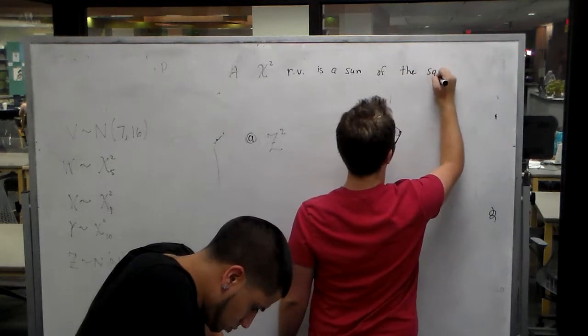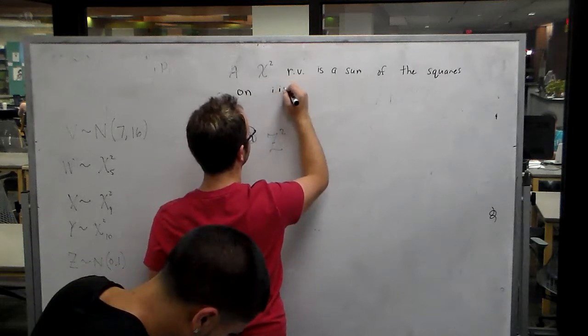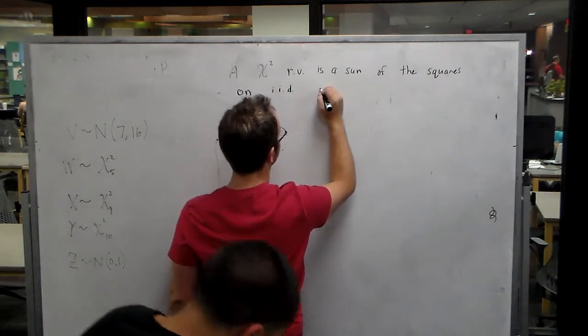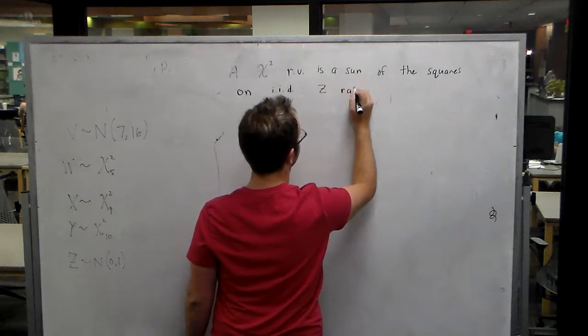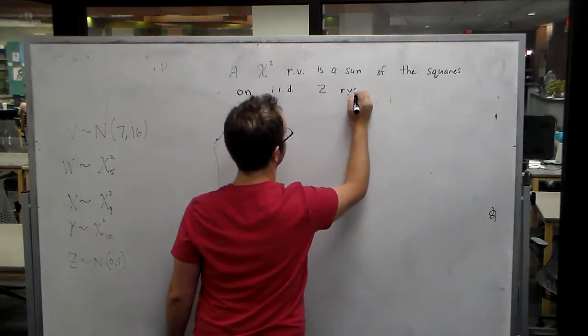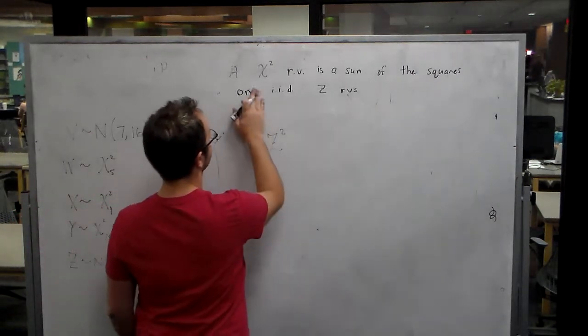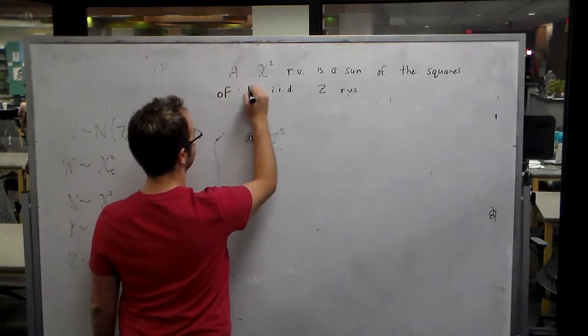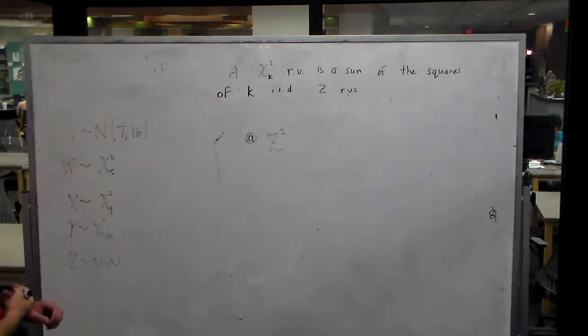A chi-square random variable is the sum of the squares of k independent and identically distributed Z random variables.